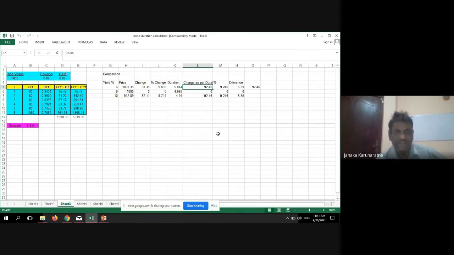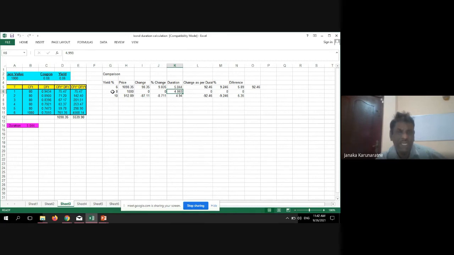It doesn't deviate because the price change is minus D. We know the D, times delta R. Delta R is 0.02, divided by 1 plus R, which means the original yield, 1.08.